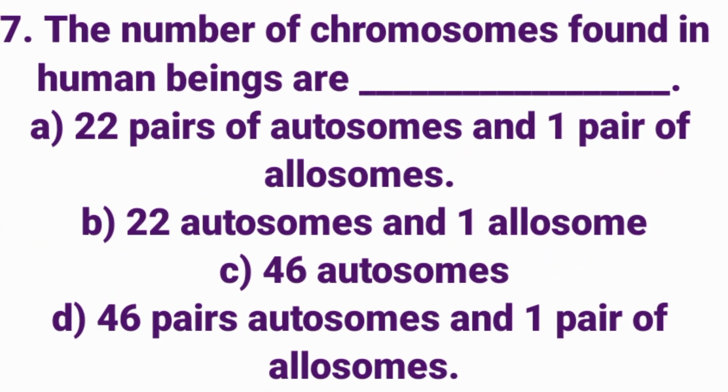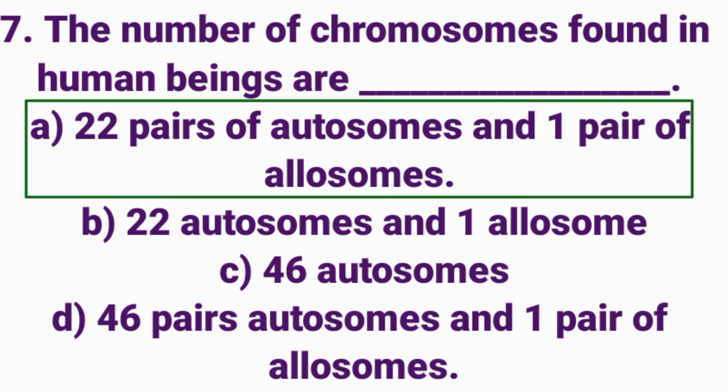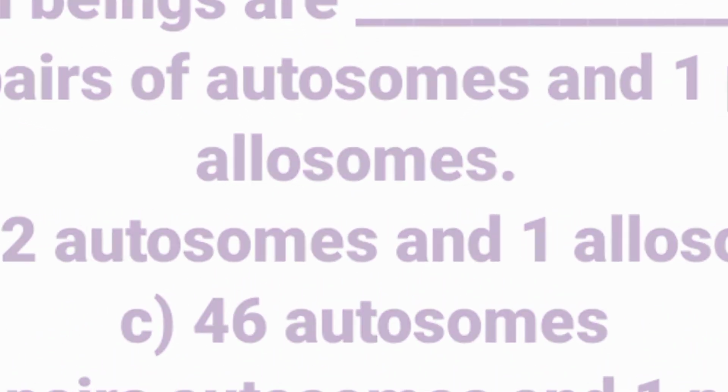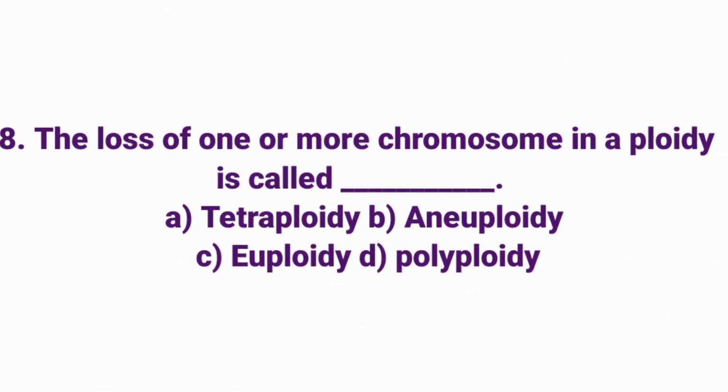The number of chromosomes found in human beings are dash. Answer option A, 22 pairs of autosomes and 1 pair of allosomes. The loss of one or more chromosome in a ploidy is called dash.